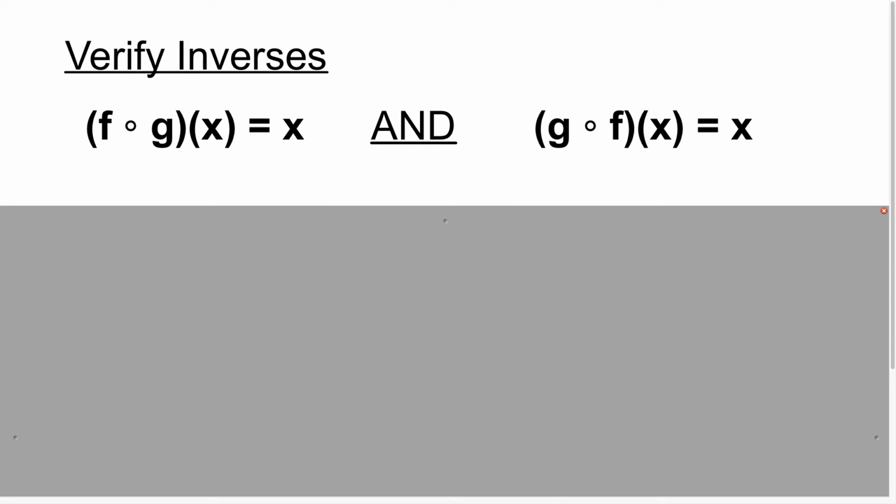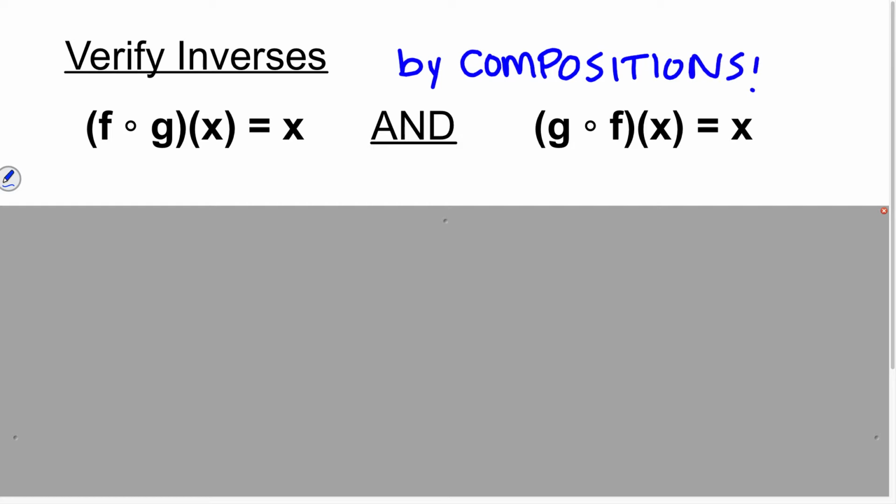Okay. But there is this specific thing that you need to know, and you'll be quizzed and tested over this. It will say in the directions how I want you to verify the inverses. It's verifying inverses by compositions. Because I said earlier, on that first slide, that inverse functions undo each other.